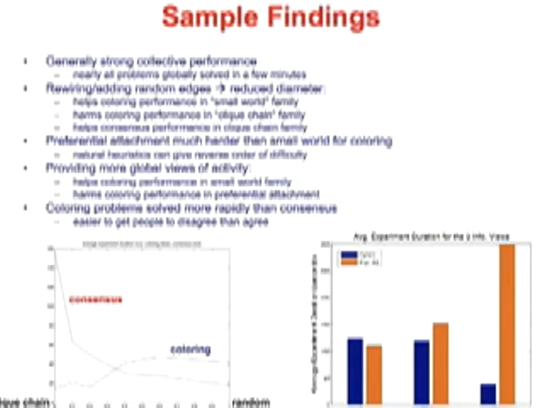The more striking thing is that if you do the same thing for the preferential attachment graphs, not only does it not help, it makes it significantly worse to give them a global view. So here's the average solution time. I won't go into detail, but we had 3 different information levels: the low one, which is basically what I described, an intermediate version where they saw a slightly bigger view of the network, and then the high where they saw the entire network.